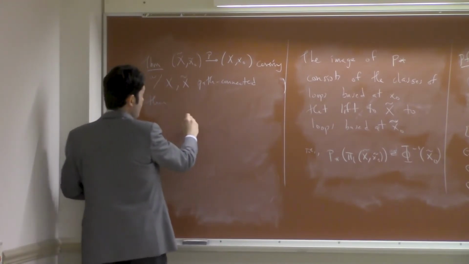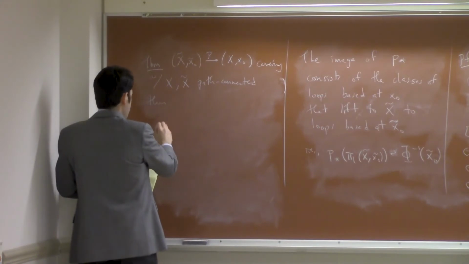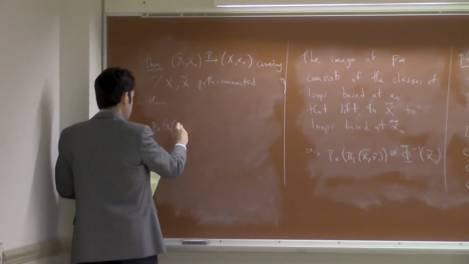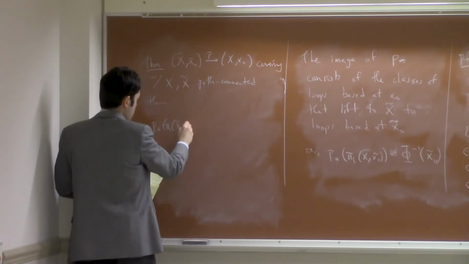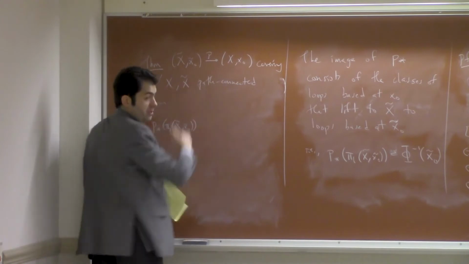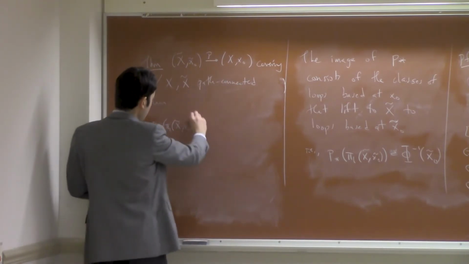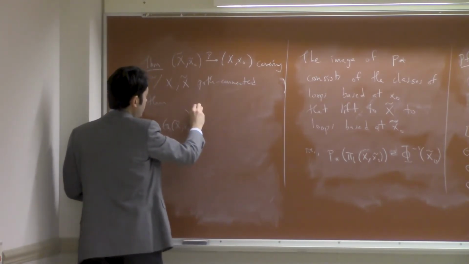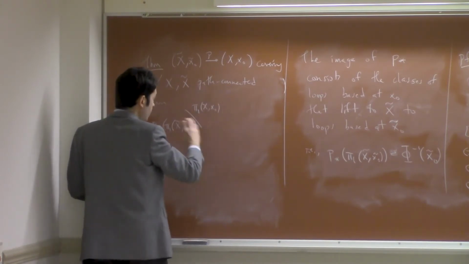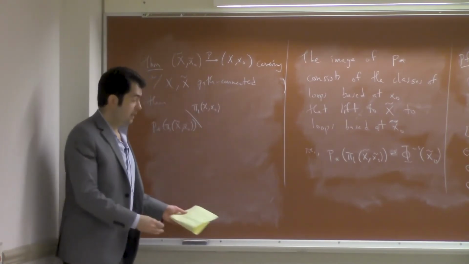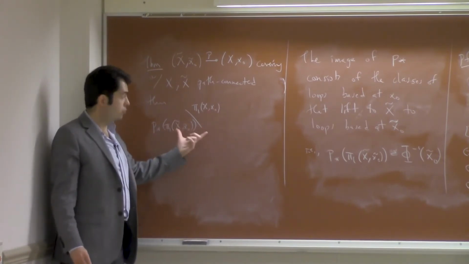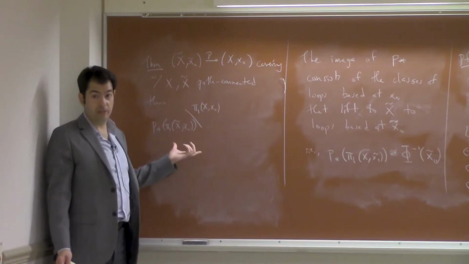Then if I look at the image, this is a subgroup of the fundamental group of X. And so I can look at the cosets. I don't have any guarantee, at least not so far, that this will be a normal subgroup. So there's no group structure on this necessarily.